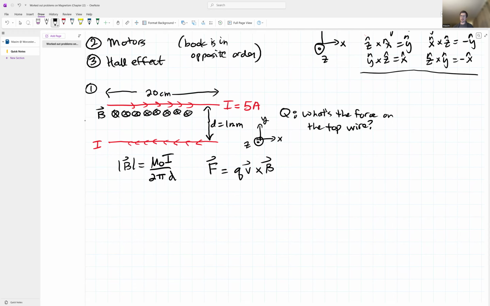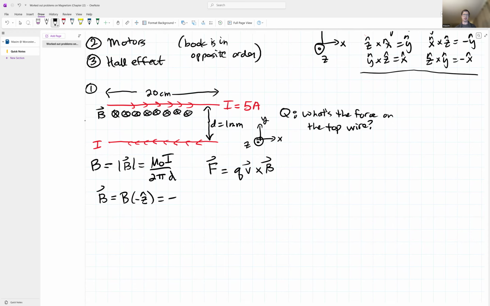In that case, since B is going into the board, and let me just call this magnitude B, just the letter B without the vector symbol. So if this is our coordinate system with Z going out of the board, and B is going into the board, that means we can write the B vector as the magnitude times the direction, which is minus Z hat.